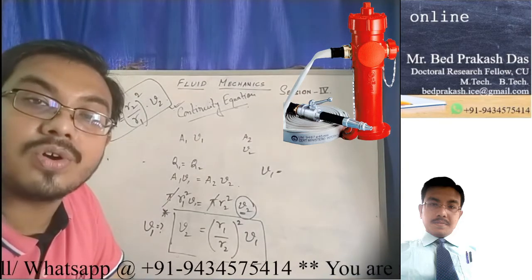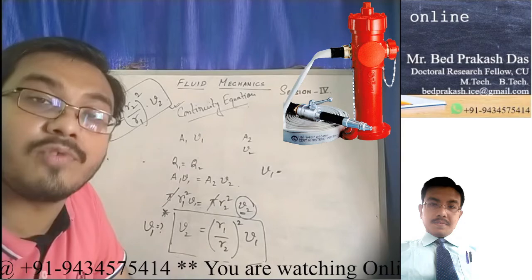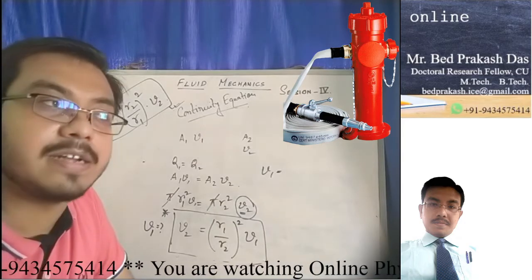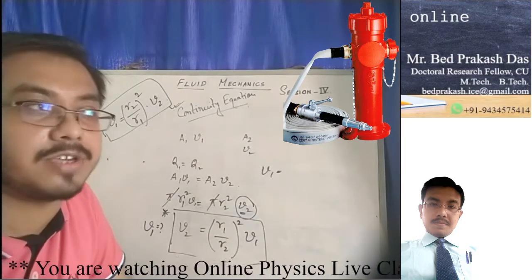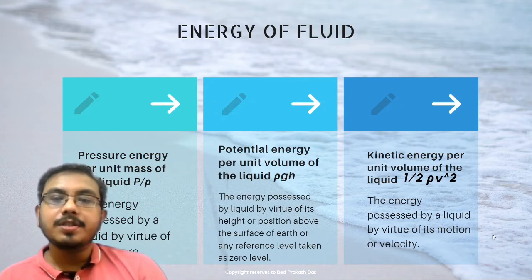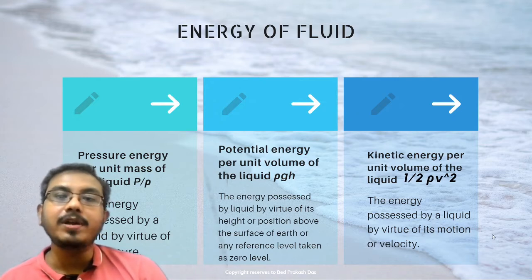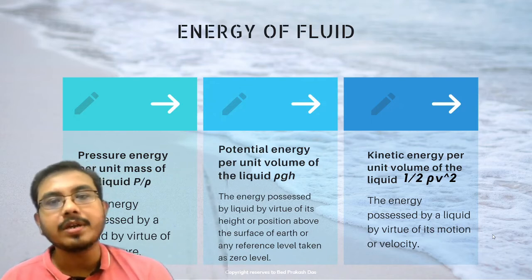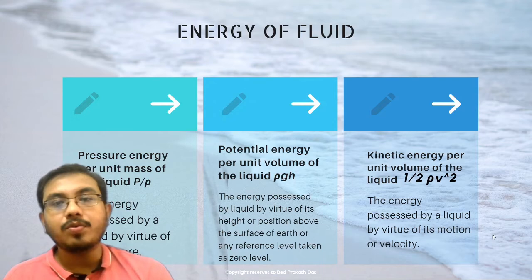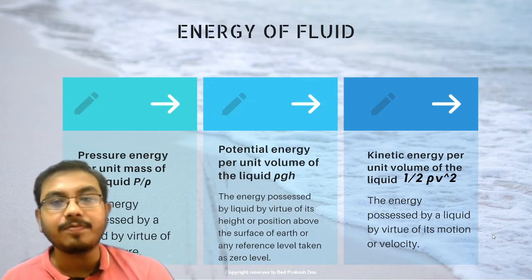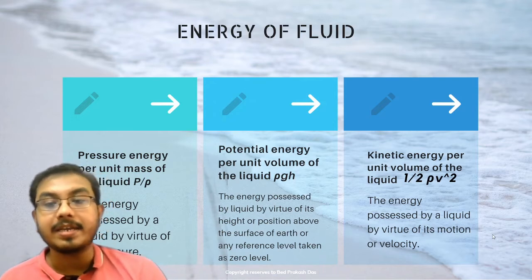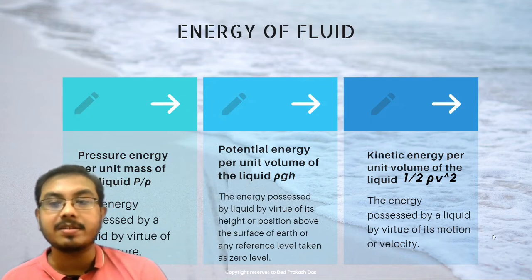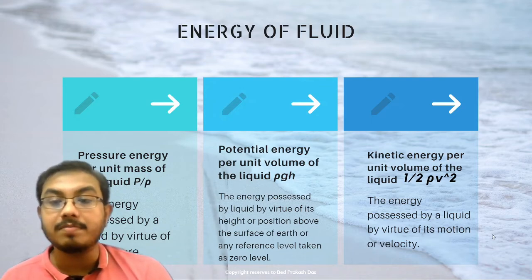Let's have a look at the different fluid energies and their formulation. There are three types of fluid energy that we have to be concerned with. One is the pressure energy of the fluid, another is the potential energy of the fluid, and the other is the kinetic energy of the fluid.